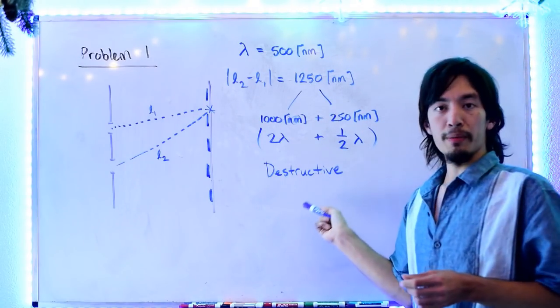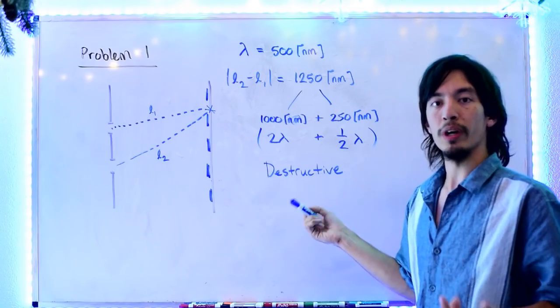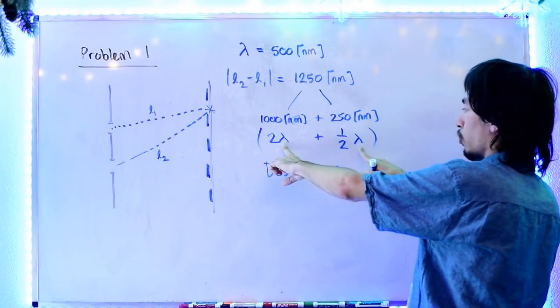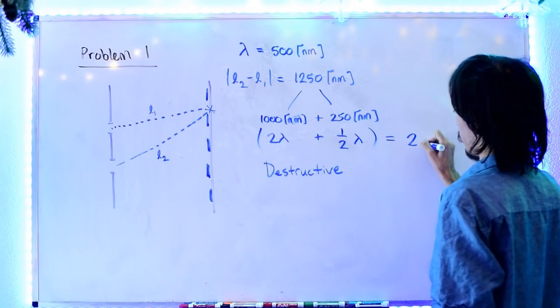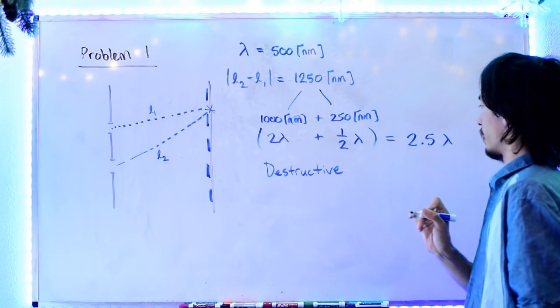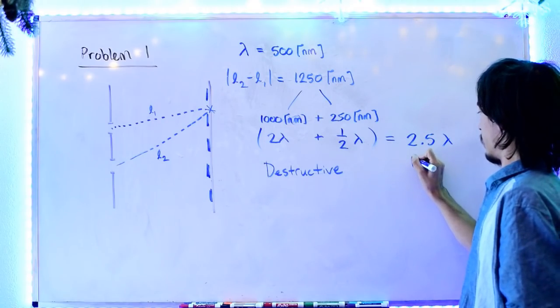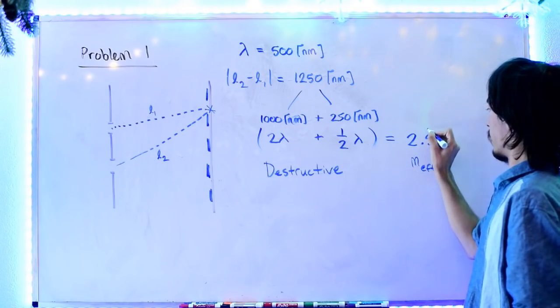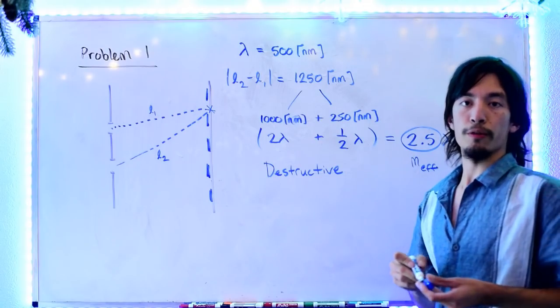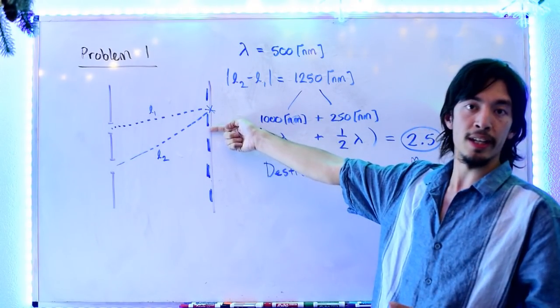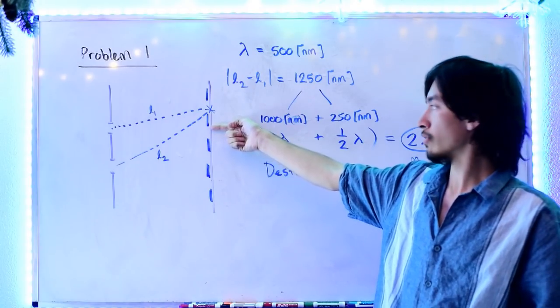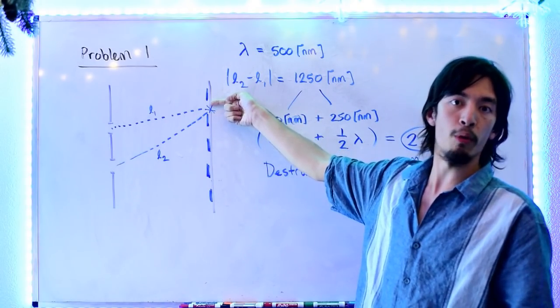Now, we know it's got to be a dark spot, but now which one is it? If you were to just pull the lambda out of here, this equals 2.5 times lambda. Okay? This is your M effective value, 2.5. So for instance, from the center, the first dark fringe is half of an extra wavelength, 0.5. The next dark fringe would be 1.5.